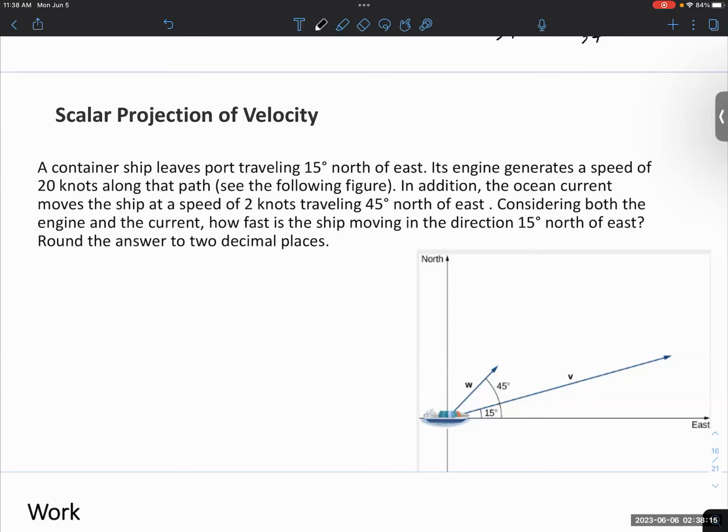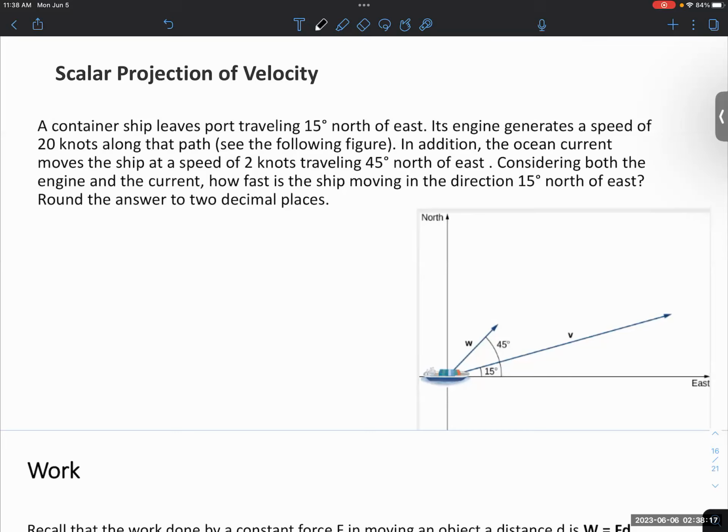When you read the question, you need to feel it: there are 2 vectors going on. I'm going to define the 2 vectors, because there is the velocity vector generated by the engine and another velocity vector of the current. So they are going to be your 2 vectors.